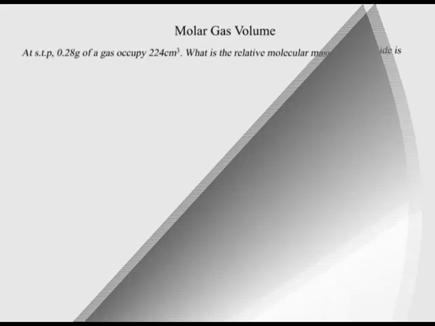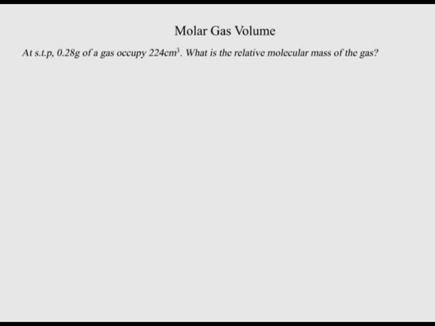Another example. At standard temperature and pressure, 0.28 grams of a gas occupies 224 cubic centimeters. What is the relative molecular mass of the gas? We find the number of moles of the gas.